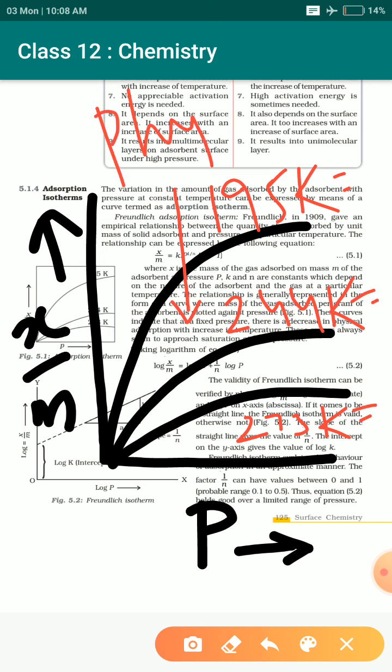This is mainly about physisorption, because physisorption is based on van der Waals forces, which are mainly found in gases. So in physisorption, a decrease in temperature results in higher adsorption, which means a high temperature gives less adsorption.